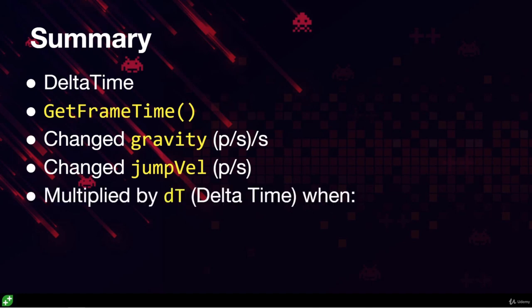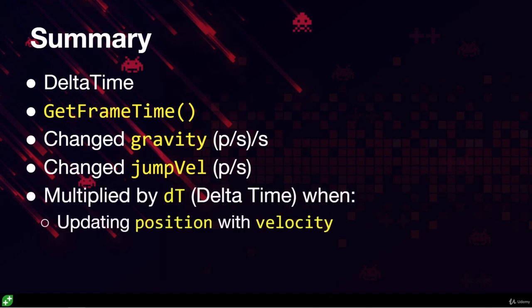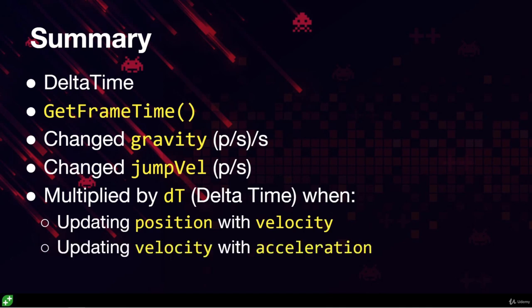And we multiplied by delta time whenever we update our position using the velocity, and when we update velocity with acceleration. Now, no matter what the variations in frame rate may be, we'll get the velocity and acceleration we desire, and the behavior will be consistent, no matter how fast or slow the computer is.